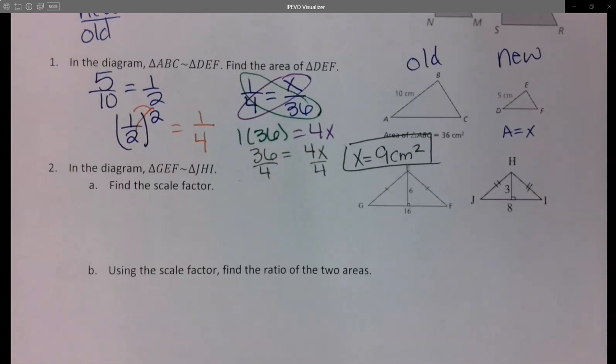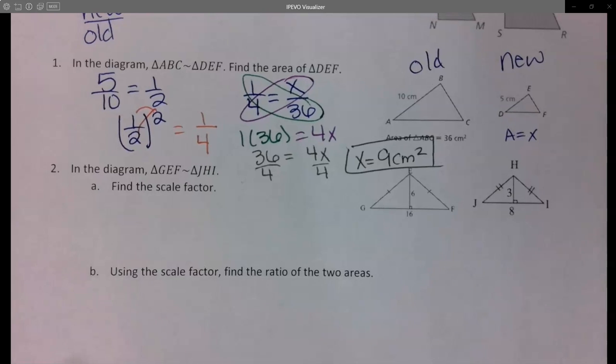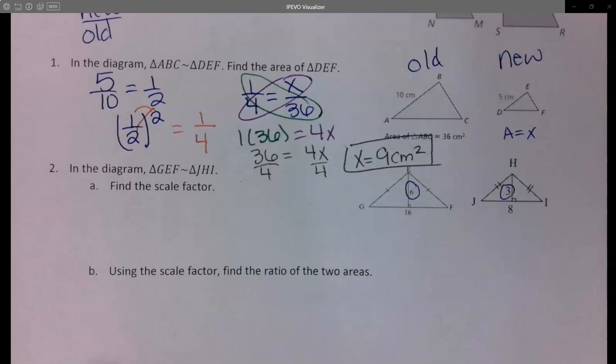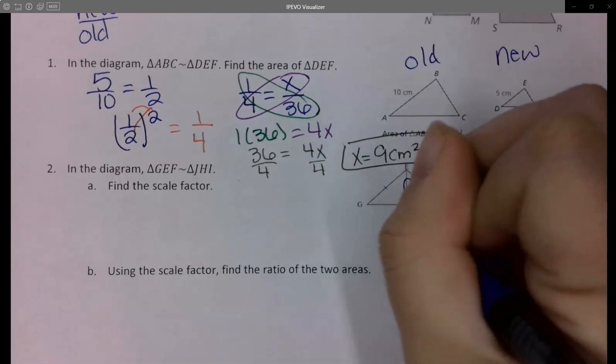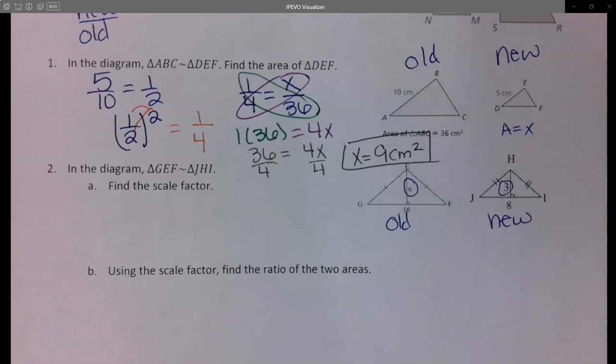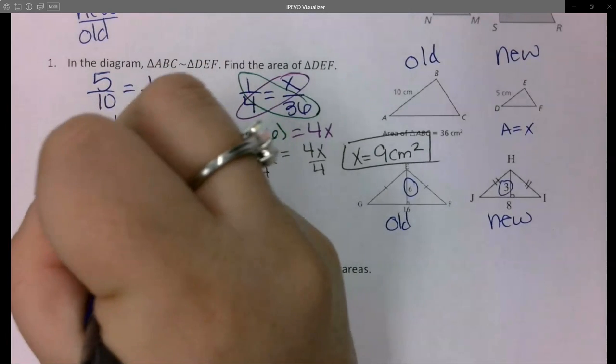Number 2 wants me to find the scale factor, so I just want to find 2 matching sides. So I have the vertical line. This one is drawn first, so it's going to be my old, and this one is drawn second, so it's going to be my new. I'm going to do 3 over 6.